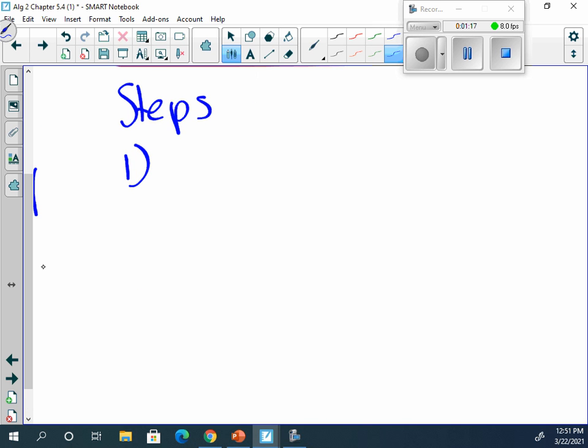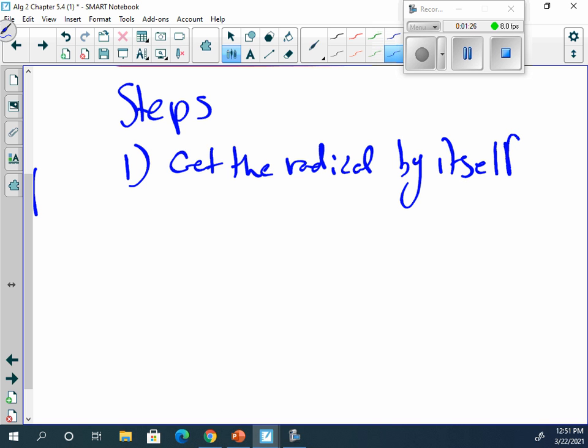Our first main step is to get the radical by itself. That's the first main step.